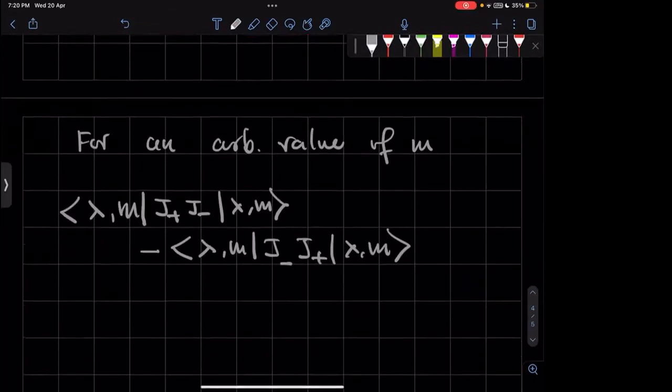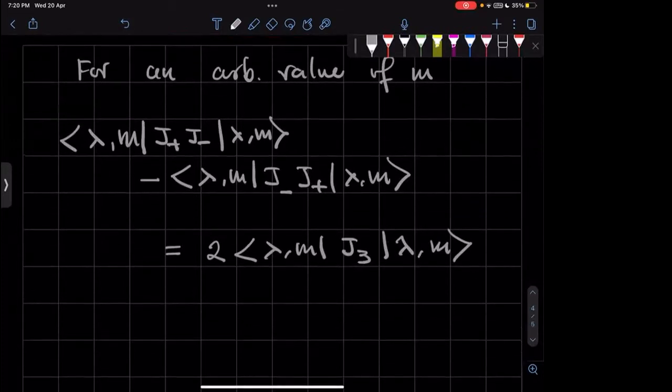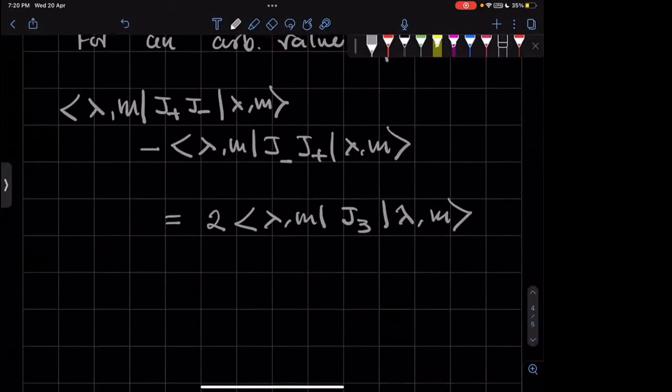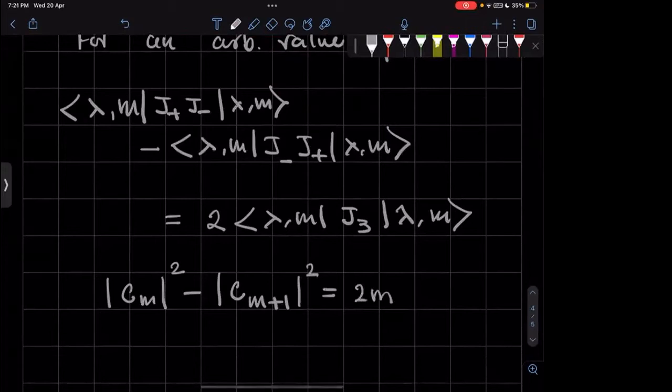This is the left hand side. On the right hand side, I will have 2 lambda m j3 lambda m. Now it's a very easy exercise to show that this gives me the modulus of cm squared minus the modulus of cm plus 1 squared equals 2m.